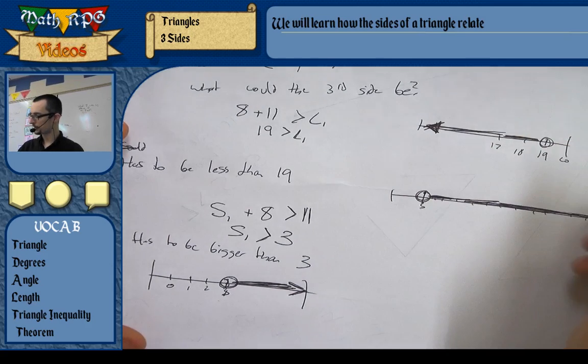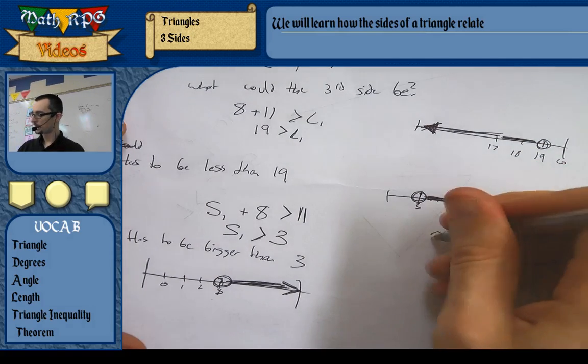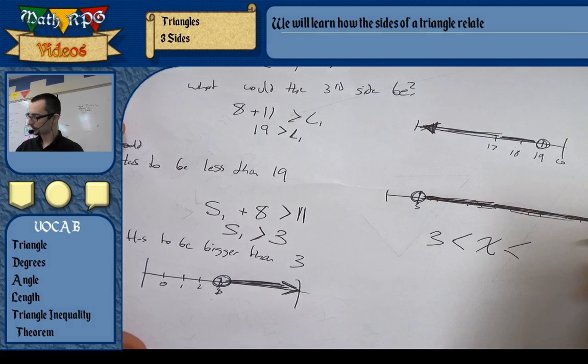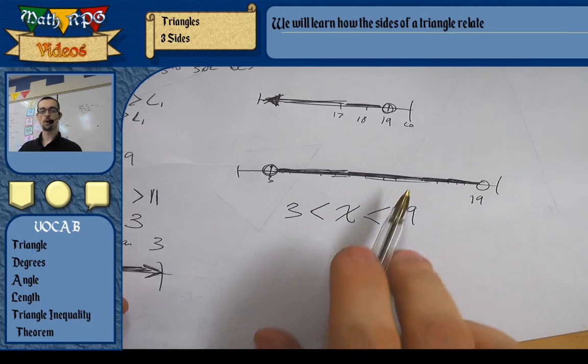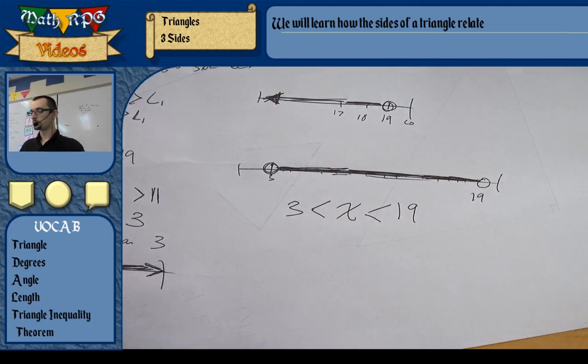That's how big my third side could be. It could be any number between 3 and 19, but not 3 and not 19. I could write that this way: 3 is less than x, which is less than 19. So I can combine my inequalities and my graphs into one picture and one inequality. So that's the triangle inequality theorem. The two short sides have to add up to be more than the long side.